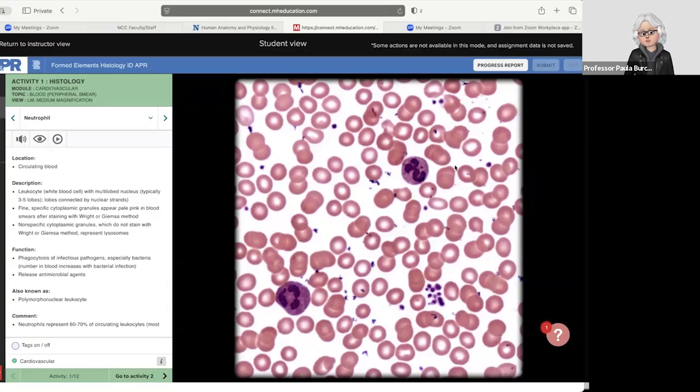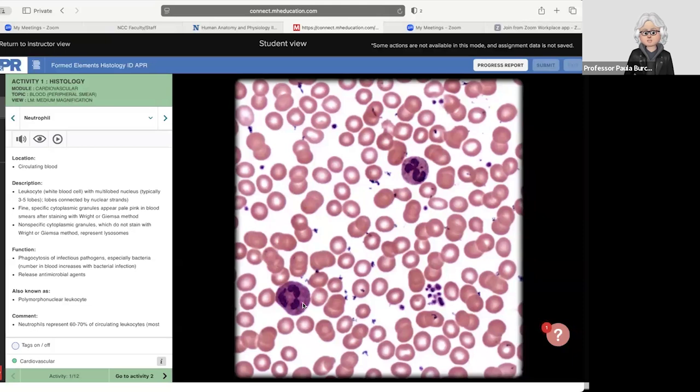I want you to be able to identify it. You're not going to have to tell me you have a nucleus with 3 to 5 lobes, but you will need to know that to identify them, that they are the most abundant. And I want you to know the function. They are phagocytic, which means that they're going to eat bacteria. They are the first leukocytes there when you get a cut and bacteria go in across your skin, underneath your skin.